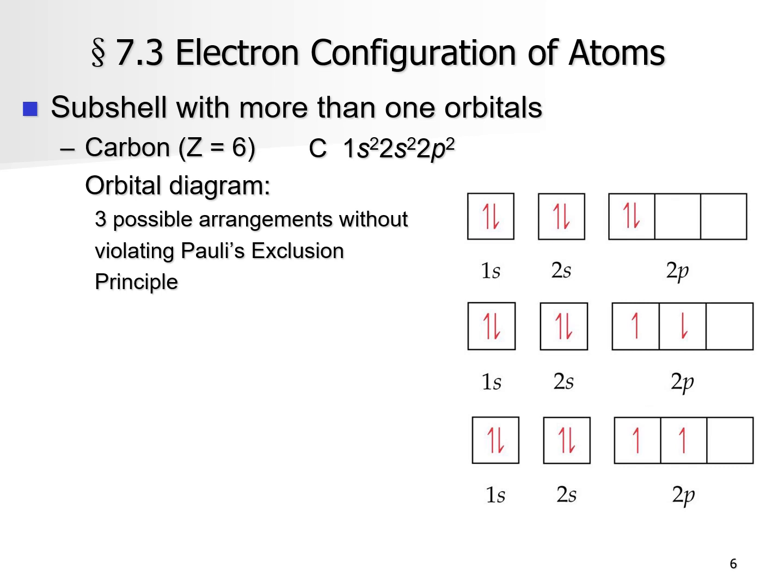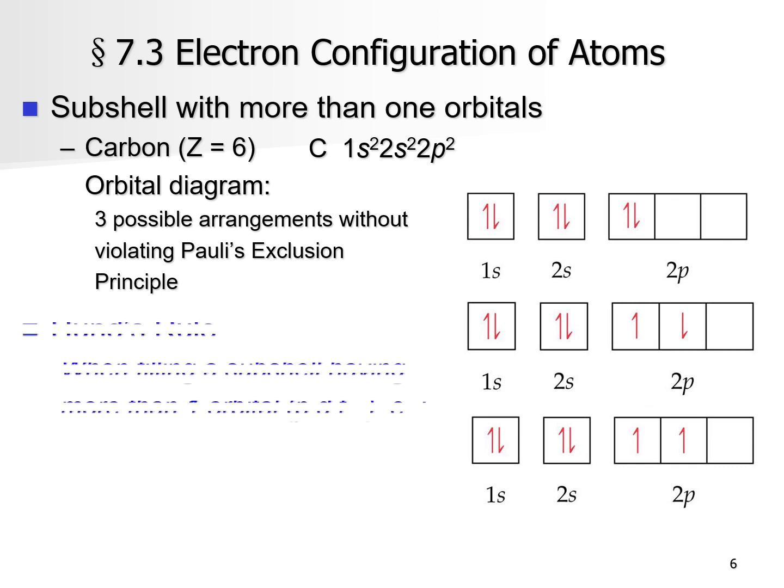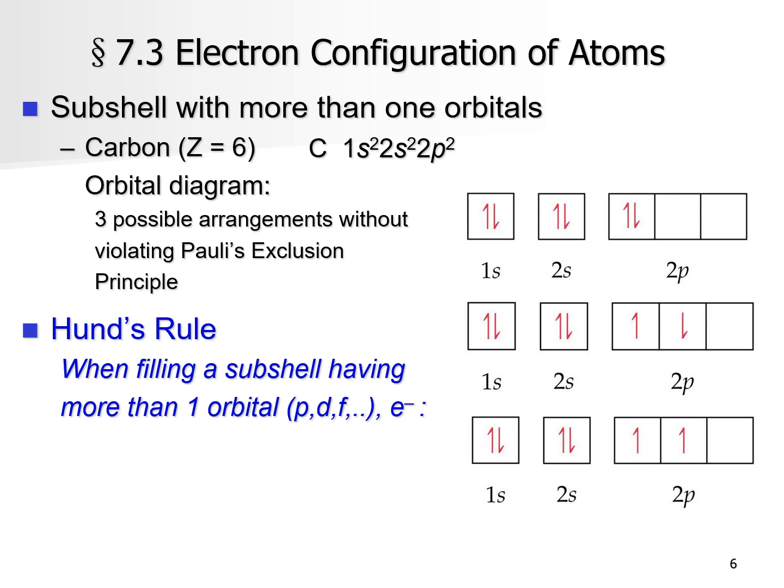With these 3 arrangements, which one will be true? We need help from our third rule we call Hund's rule. Hund's rule is very specific for a situation like this.